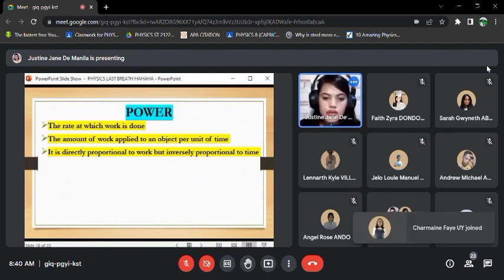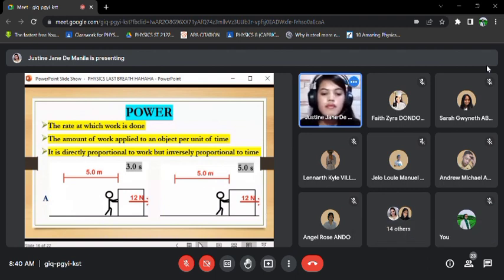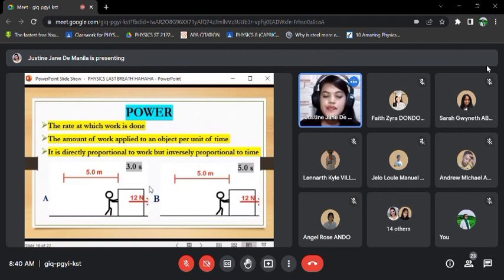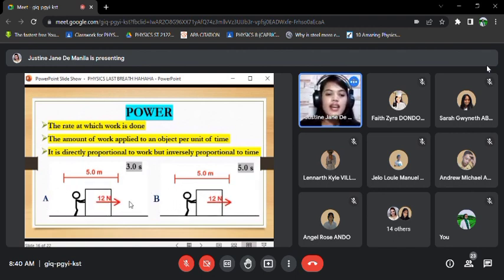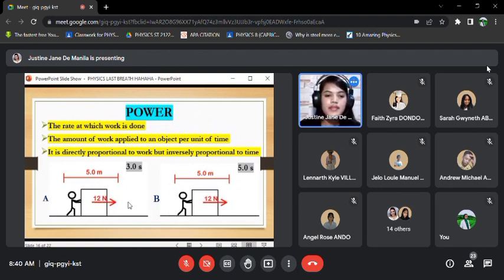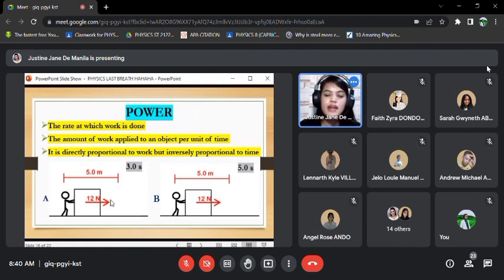So, I have here an example. Who exerts more power? Is it stickman A or stickman B? As you can see, they have the same work done, the same direction of force and displacement.